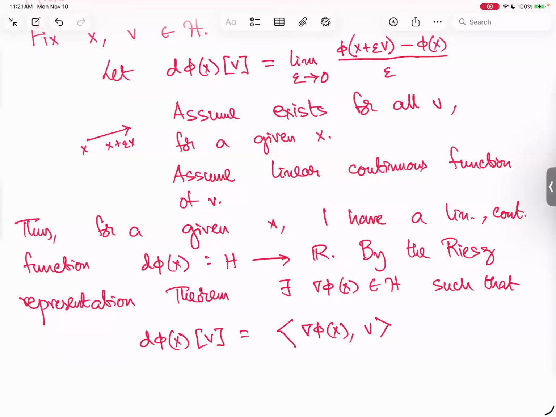And this inner product is the Hilbert space inner product. Assuming that this directional derivative exists, you can show very easily that this is linear. Assume that this is a linear and continuous function of v. Then for every fixed x, you have a linear continuous function on the Hilbert space. Therefore, it is given by an inner product. Take that element with respect to which you are taking the inner product, and that's what you define as the gradient of phi of x.